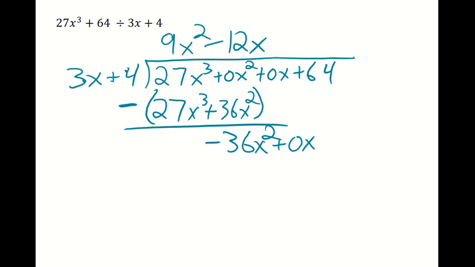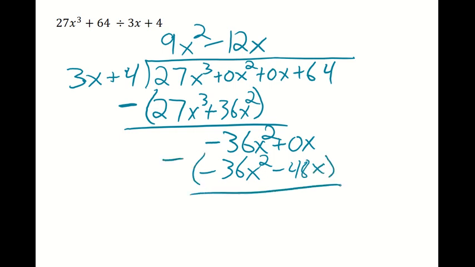So then we take that negative 12x, multiply it by our entire divisor. So we end up with negative 36x squared minus 48x. We subtract. So it will end up with a 0x minus a negative 48x. So we will end up with a positive 48x here, plus 64, because we've brought that down.